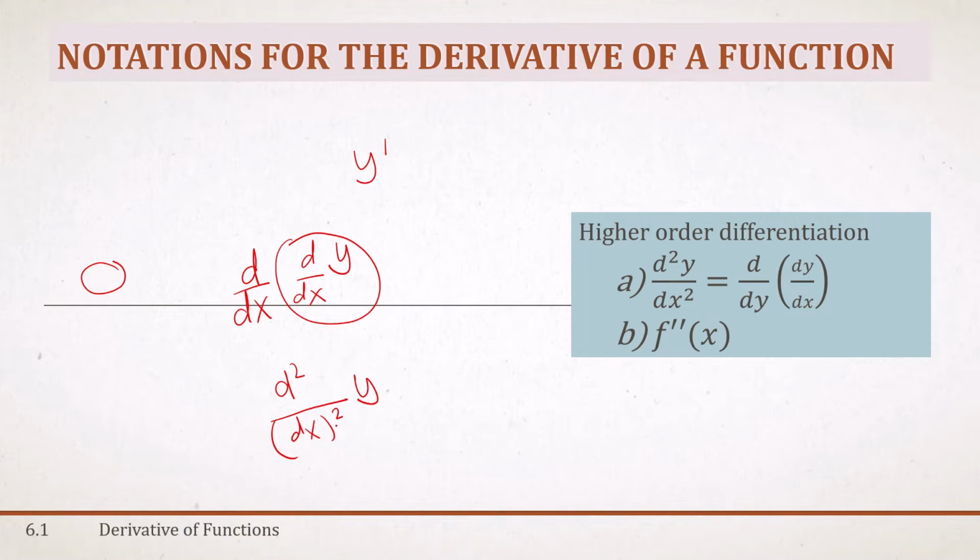But we are quite lazy to write that, and it is more convenient to drop the brackets. So finally, the second order is d squared y over dx squared, or we write f double prime.